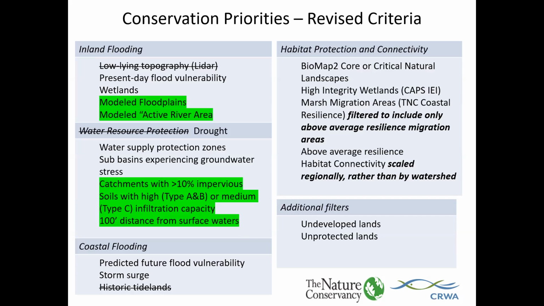And then on the habitat protection and connectivity side, for some of the resilience metrics and the habitat connectivity metric, I had done some work to customize those for the Charles River watershed because not a lot popped out for habitat connectivity because that data is scaled regionally. So in this statewide version, we went back to the regional scaling of those data sets.